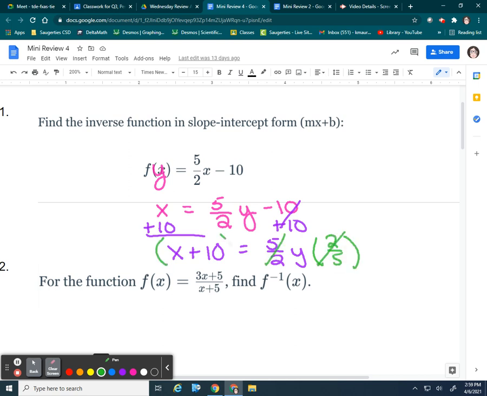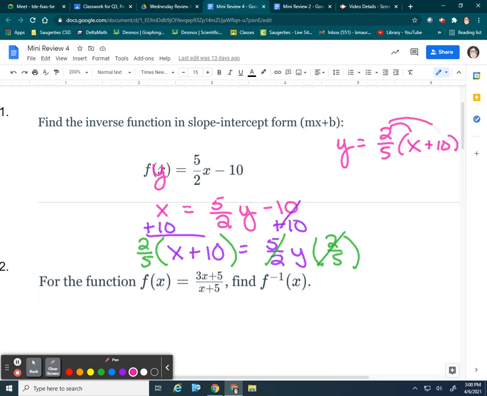And then I have to multiply this entire side by 2 over 5. So what I end up with is y equals 2/5 x plus 10.